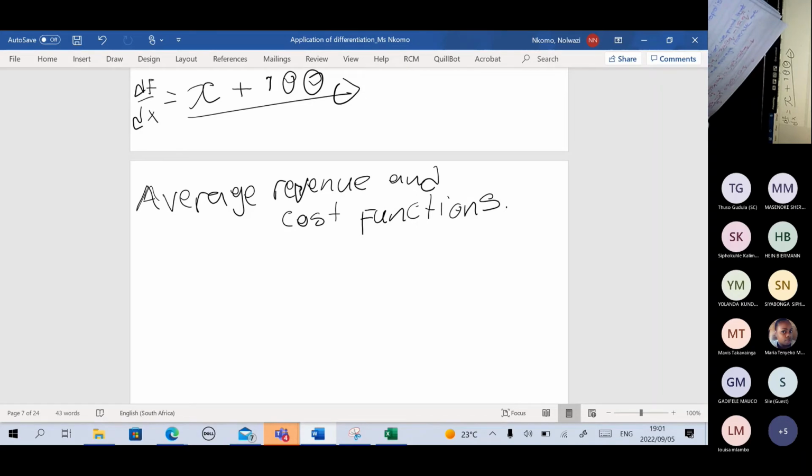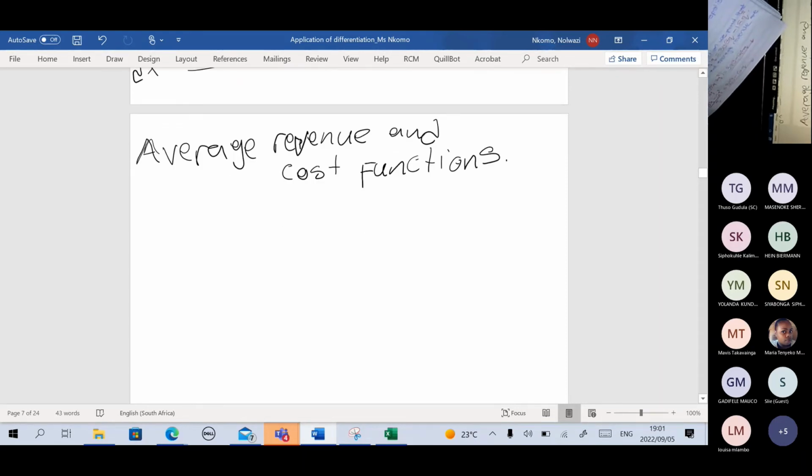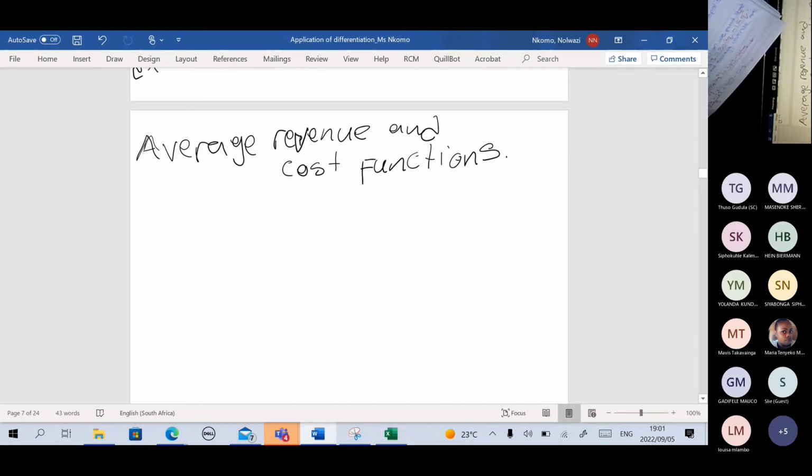The average revenue is the revenue per unit of output. And another thing, the average revenue helps in estimating the profits of a business, as the profit is calculated by subtracting the average cost from the average revenue.